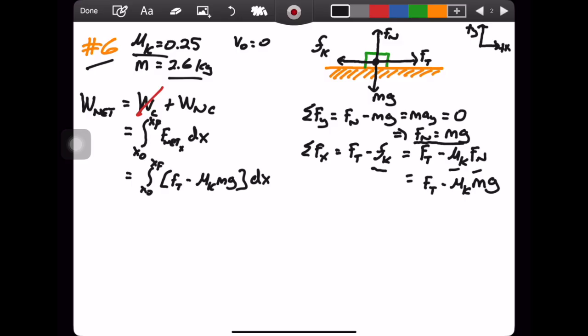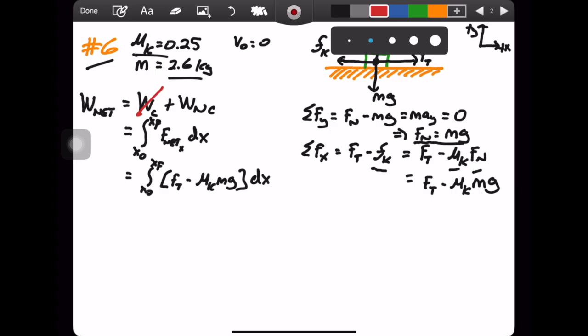Now, here's a key in the problem. We are told that the force that is acting on the block from this rope that's attached to it is not constant. It actually varies as a function of position.